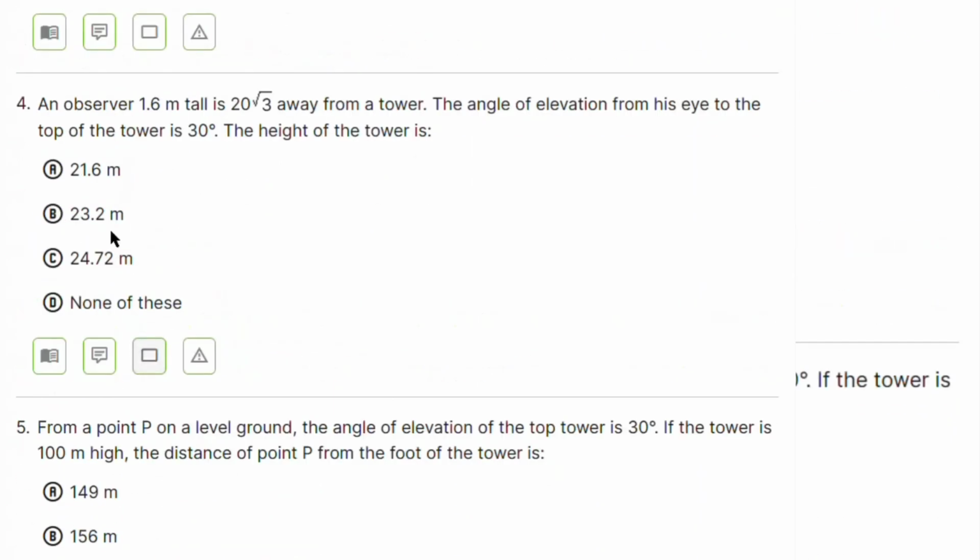Next, the fourth question. An observer 1.6 meters tall is 20 root 3 away from the tower, and the angle of elevation from his eye to the top of the tower is 30 degrees. Then the height of the tower is? So here is an observer 1.6 meters tall, and here is a tower.